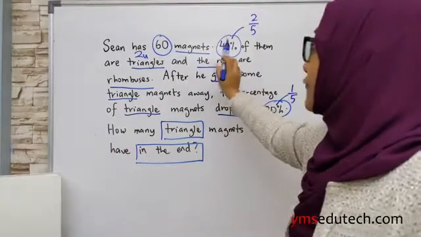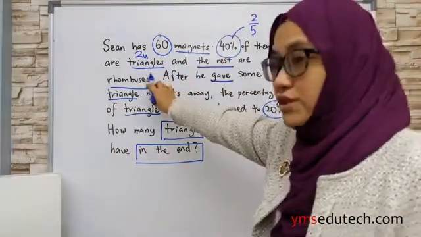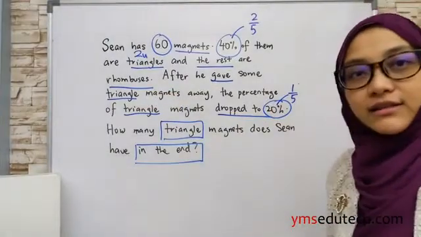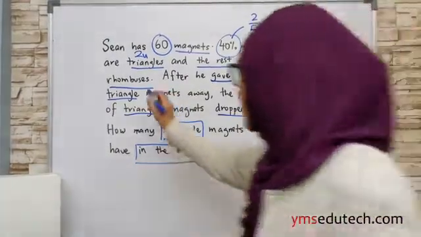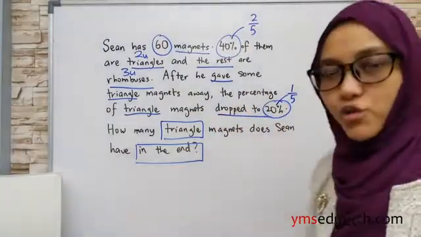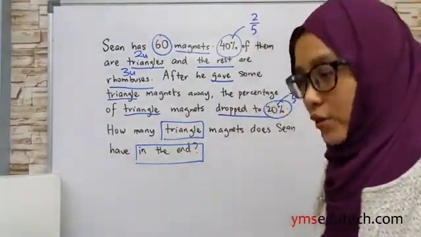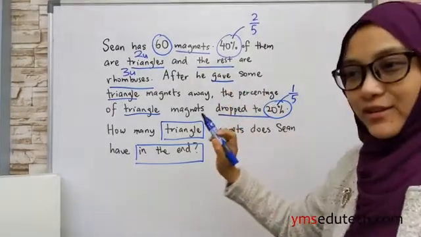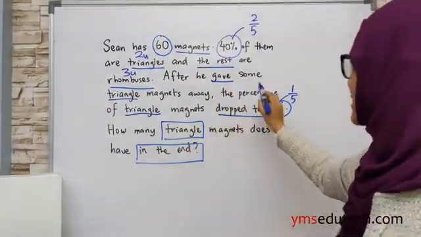If there are 2 units of triangles, how many units of rhombuses are there? 3 units. After he gave some triangle magnets away, do we know how many were given away? No, we do not know.